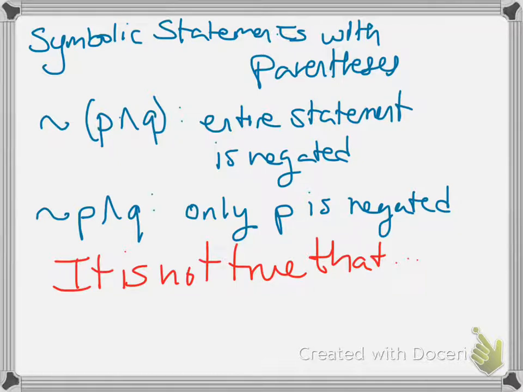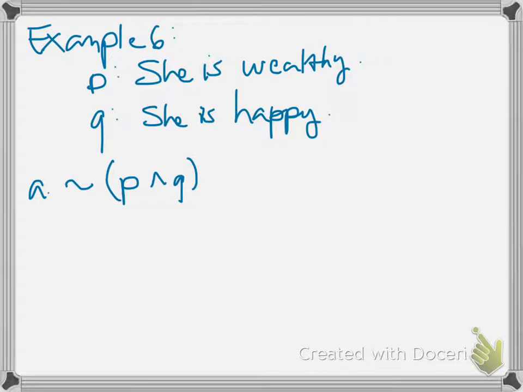In contrast, if we don't have parentheses and we've got a negation symbol, then that means that we're just negating the first statement, in this case statement P. So not P and Q, which of course is going to probably have a different meaning than it is not true that P and Q. So let's do an example and see that in actual English.